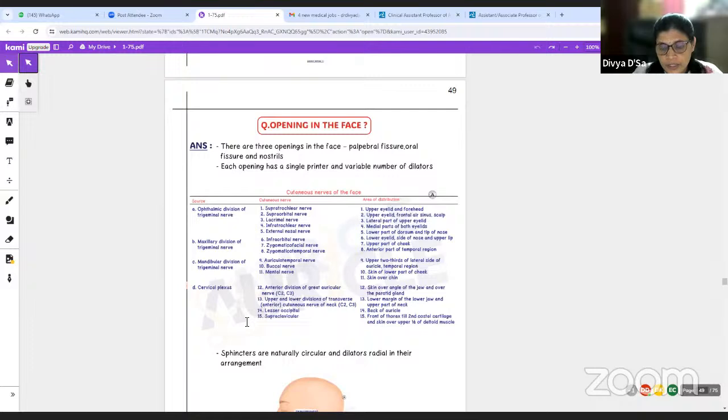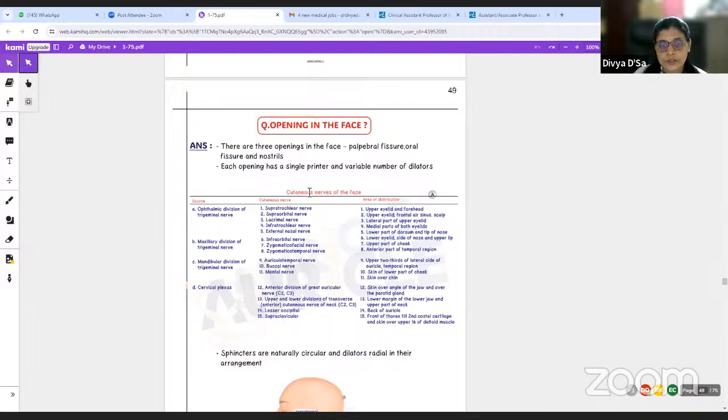Now we have the orbicularis oculi, which helps in closing, whereas the levator palpebrae superioris and the corrugator supercilii muscle all help in dilatation. In the same way in the nose, the compressor nares will compress, whereas the dilator nares will dilate. In the oral cavity, we have the orbicularis oris, which will compress and help in closure of the mouth, whereas the other muscles around it will cause dilatation or opening.